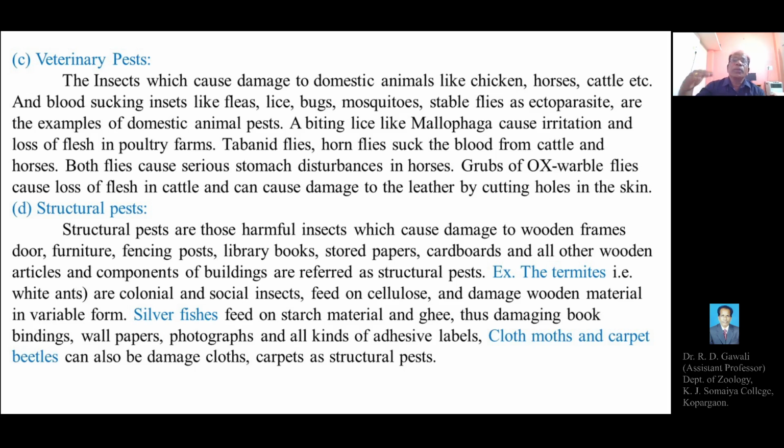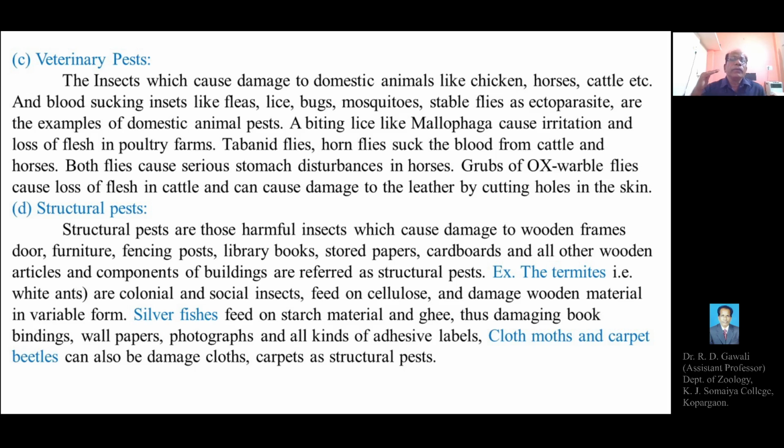These are the different categories of veterinary pests, which serve as ectoparasites or blood feeders, causing damage and possibly leading to the transmission of pathogens, that is disease-causing agents, from one host to another, or one animal to another.